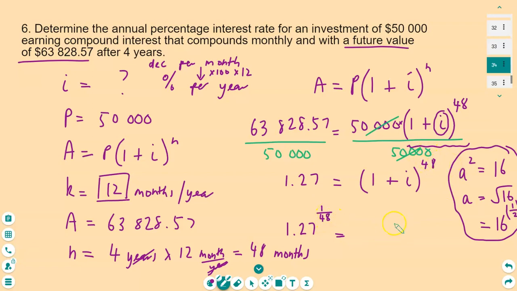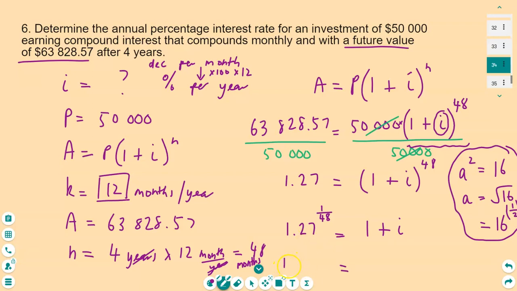That's going to undo it, to the power of the reciprocal of that power. And then we can just remove those brackets, right? They're not needed. Do that and you calculate 1.27 to the power of 1 on 48.